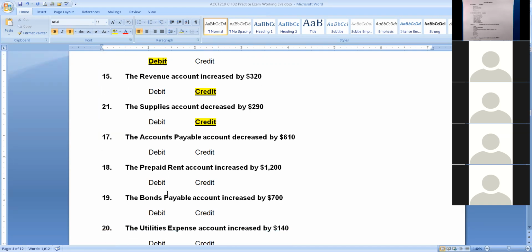Okay, accounts payable. The accounts payable account decreased, so accounts payable went down. Debit. Yep, good. It's a liability, and it's going to decrease with a debit.